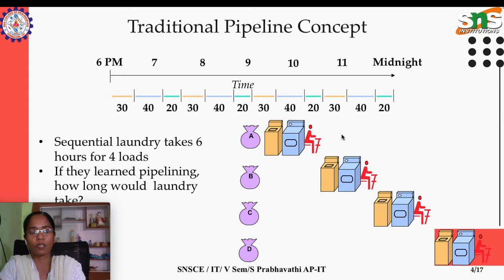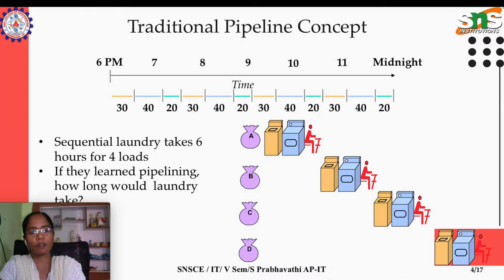So totally 1.5 hours it takes. After completing 1.5 hours, B will start, then C, then D. Each person takes 1.5 hours, so four persons take 1.5 into 4, which is 6 hours. So sequential laundry takes more time.